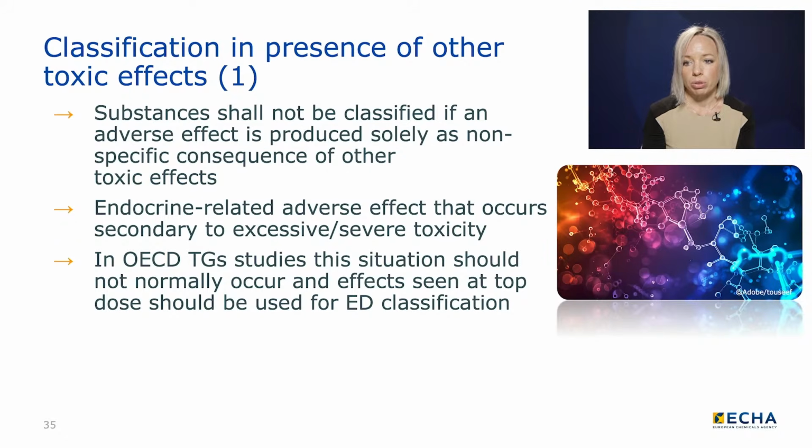But we also note that this type of severe and excessive toxicity should not occur if the tests are performed according to the OECD test guidelines, and thus the effects that are seen at the top dose or at the maximum tolerated dose should be considered for classification.